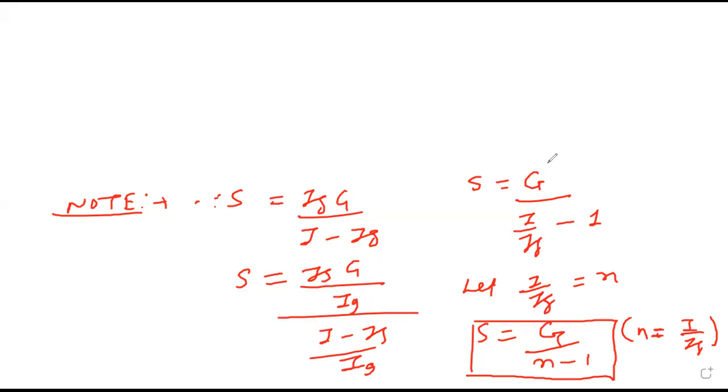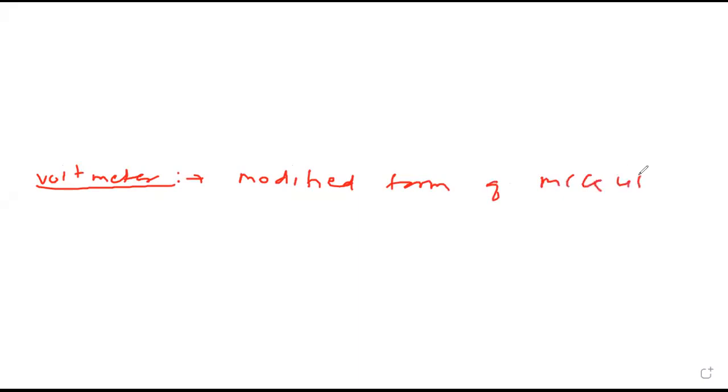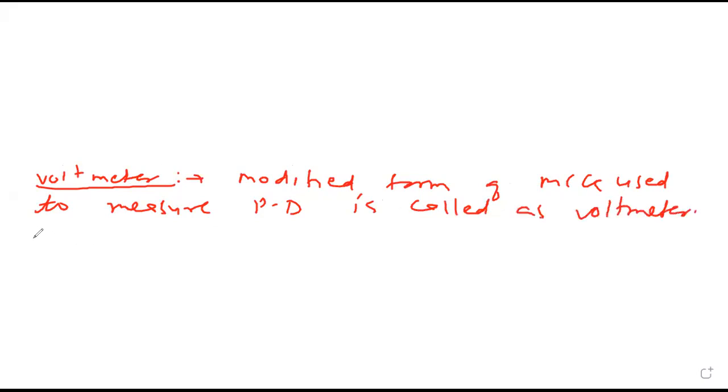Okay. Now we'll see what is a voltmeter. This is also a modified form of moving coil galvanometer, used to measure potential difference, called a voltmeter.